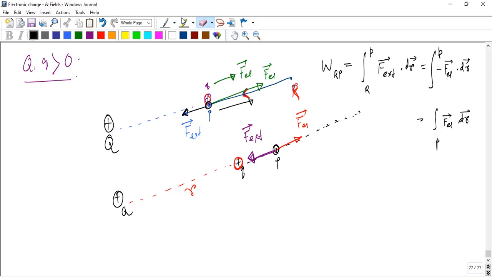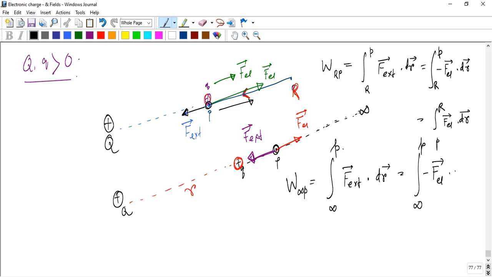Now the same condition applies here. The work done to bring a test charge from infinity to some finite point P is the integral from infinity to P of the external force dot dr. Same condition here, infinity to P, with the electrostatic force dot dr. Now if I change the integration to P to infinity, that is F electrostatic dot dr.